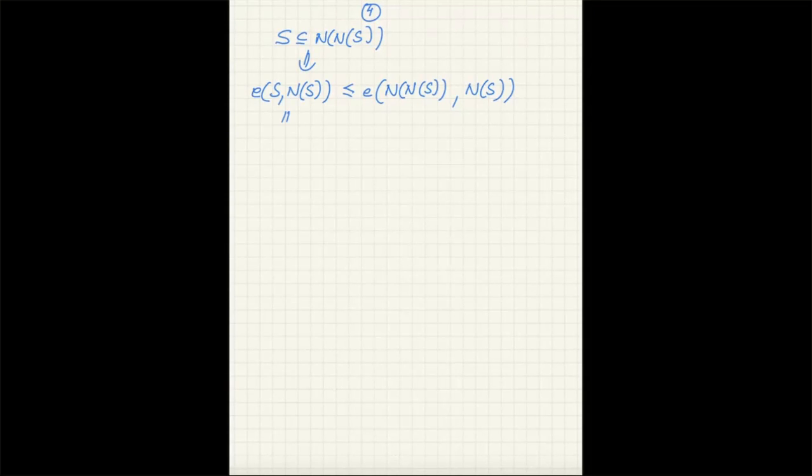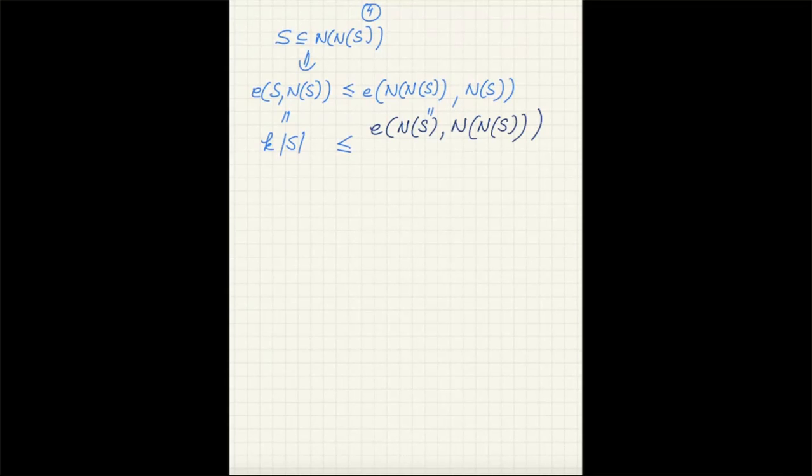Now, the one on the left, we calculated already. This is K times the cardinality of S. This is going to be less than or equal to this expression. But this expression is the same as the number of edges between the subset of vertices on the right, N of S, and its neighborhood.